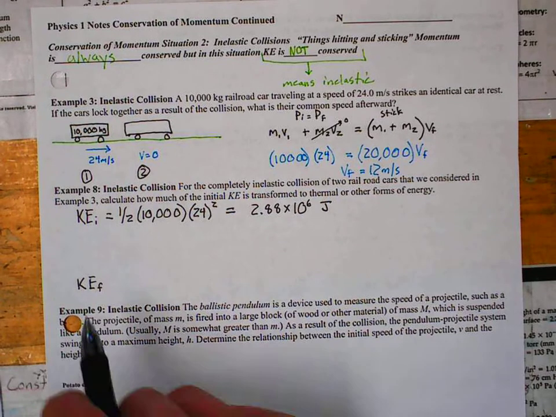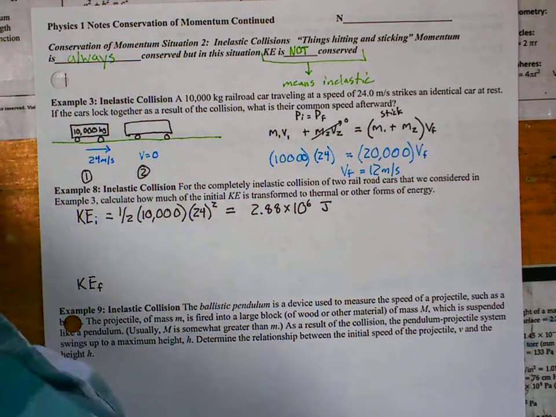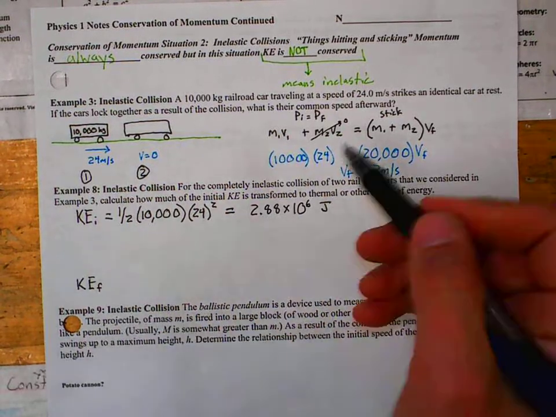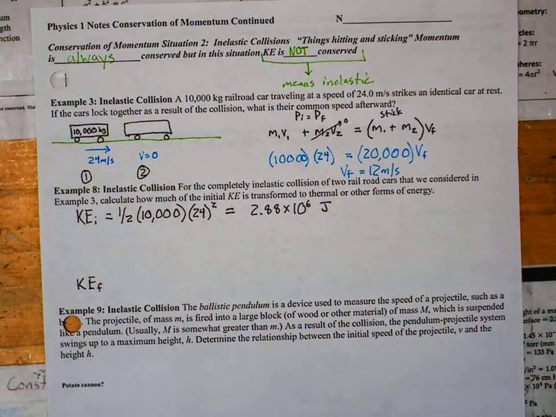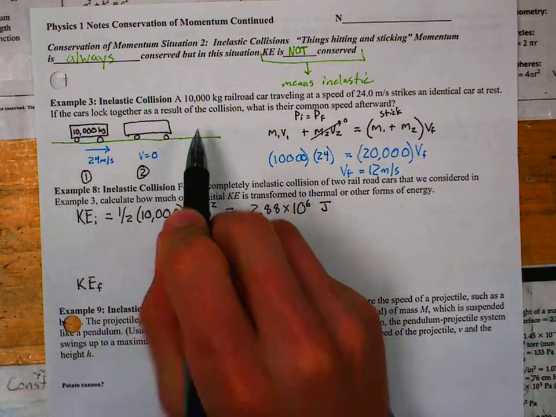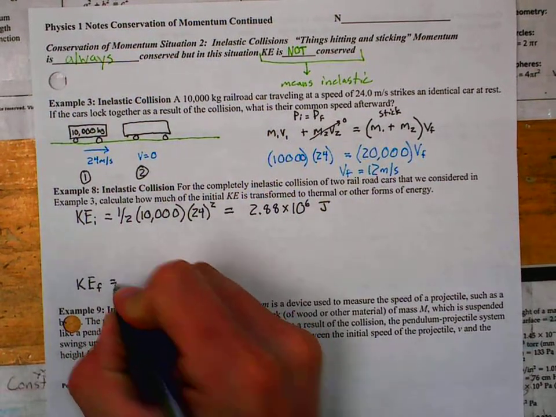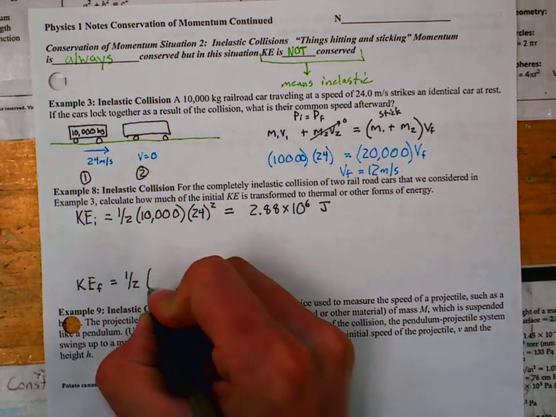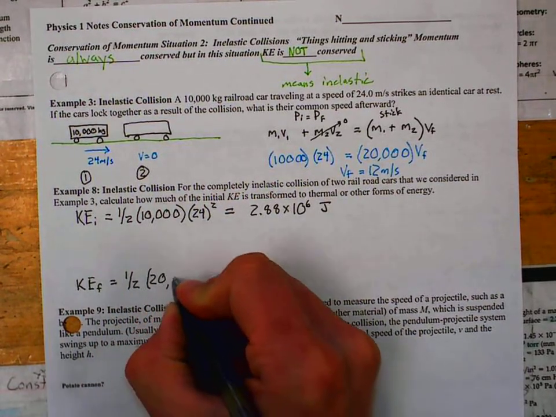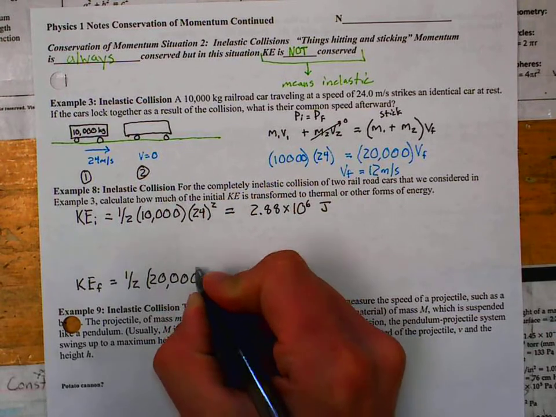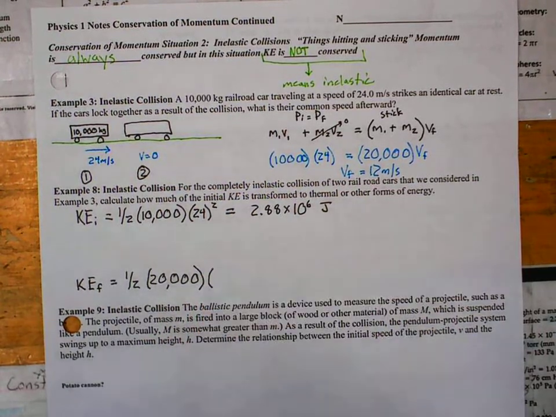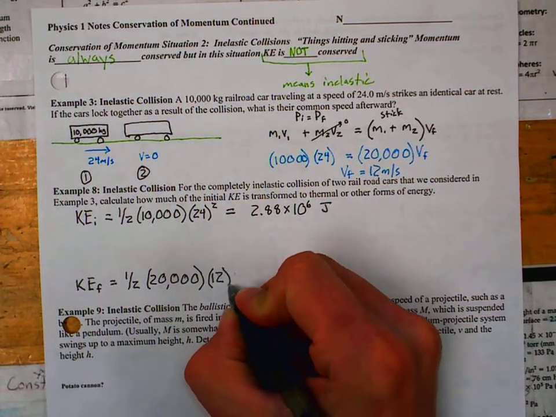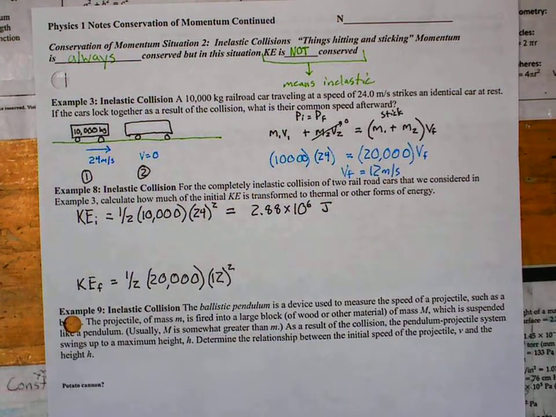Okay. All right, KE final. Let's check this one out. Final meaning after the collision. Okay, so when these have stuck together, we're dealing with one mass. So we're going to do 1/2 times the total 20,000. And we found out that the velocity was 12. So we're going to use that data here.